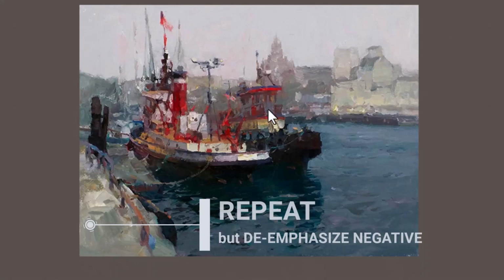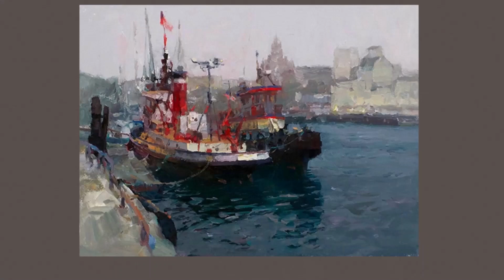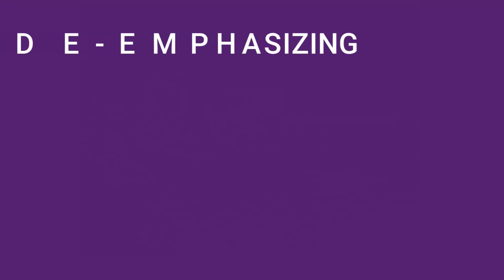What master painters do is look for potential and then look for what you can do with that potential to cause the negative area to support the positive area. So that's what we're going to be doing with this study. We're going to be able to look at references and find potential within those negative areas for de-emphasizing values in the distance or in the negative areas, if that's what needs to happen.